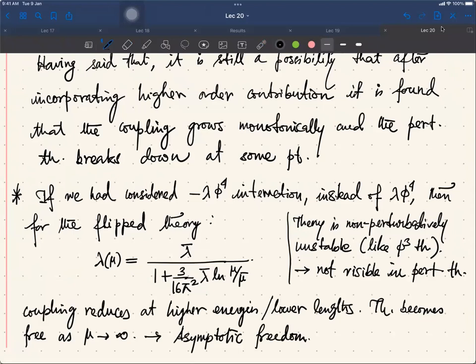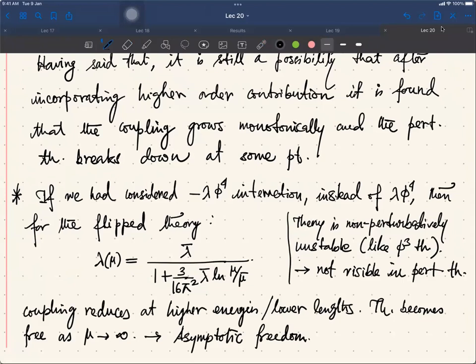And the theory of quantum chromodynamics, which describes the quarks and gluons, which is a non-abelian gauge theory, with fermions coupled with non-abelian gauge interactions, there it indeed happens, asymptotic freedom, and which is why the quarks are confined.